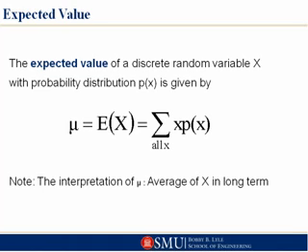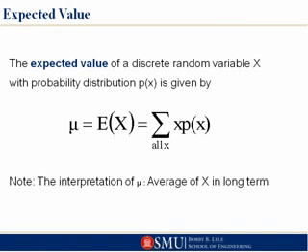And next we look at what is called the expected value of the discrete random variable X with probability distribution p of x, little p of x. We call this mu, the Greek symbol.